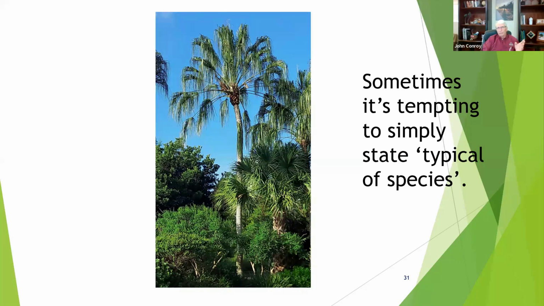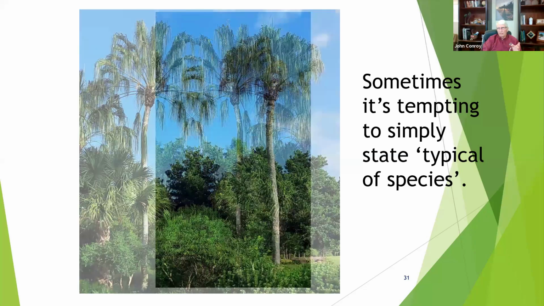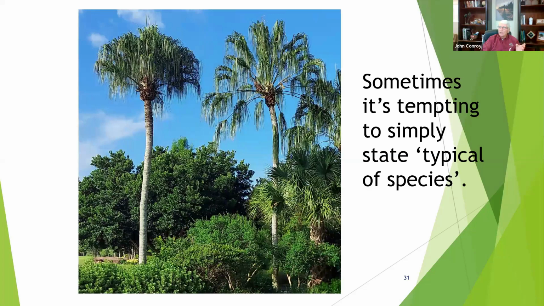So if we're going to say that we want something that is typical of species, what then in fact is typical of this species? You can't blame it on nutrition and moisture or anything else that might have been a variable that led to this difference in appearance other than genetics.